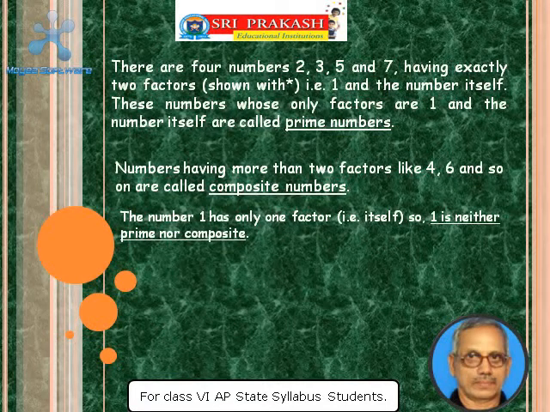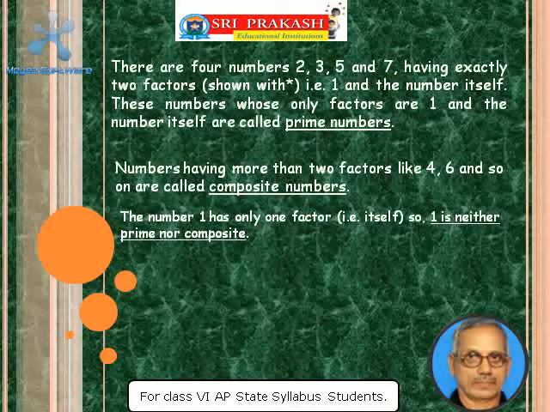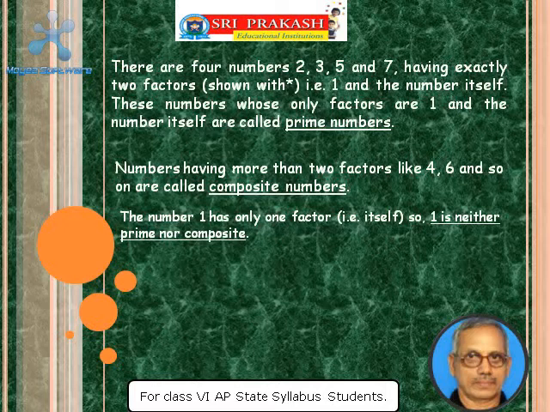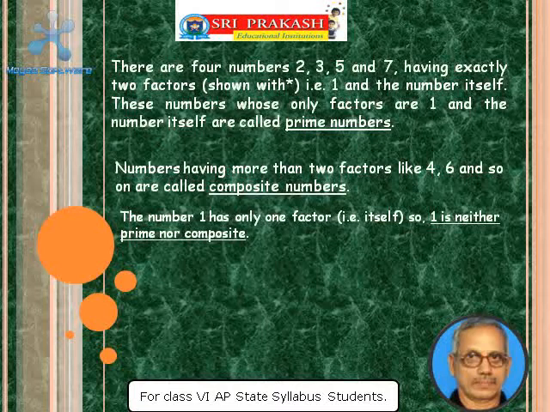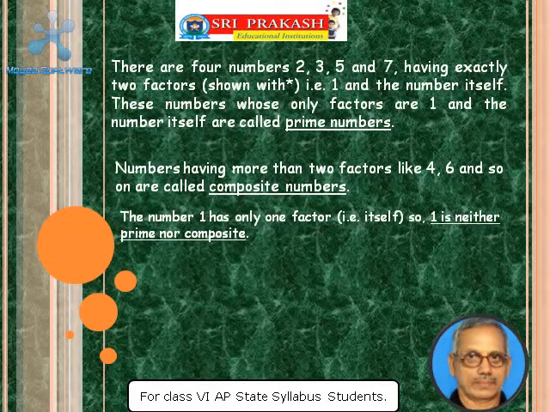Whereas for composite numbers, you have more than 2 factors. Clear? And what is the status of 1? 1 is neither prime nor composite. You cannot take 1 as a prime number or as a composite number.